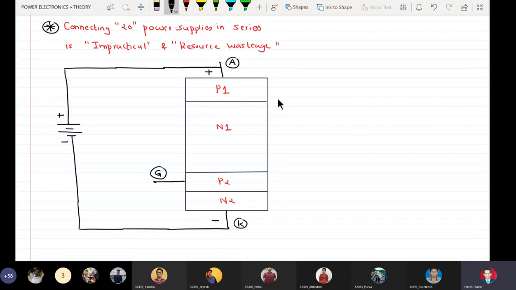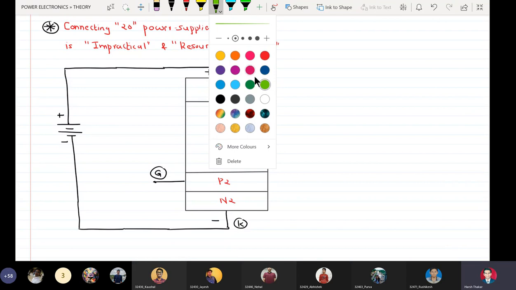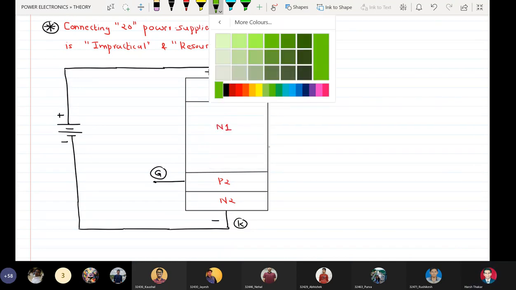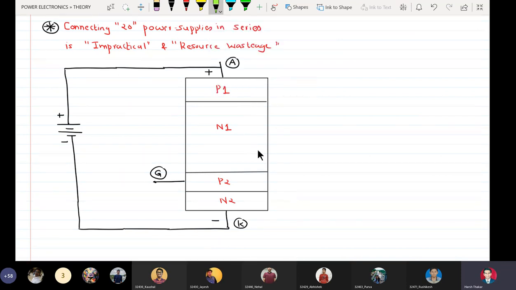Now we have the junctions. J1, J2, J3. Status is forward bias, reverse bias.